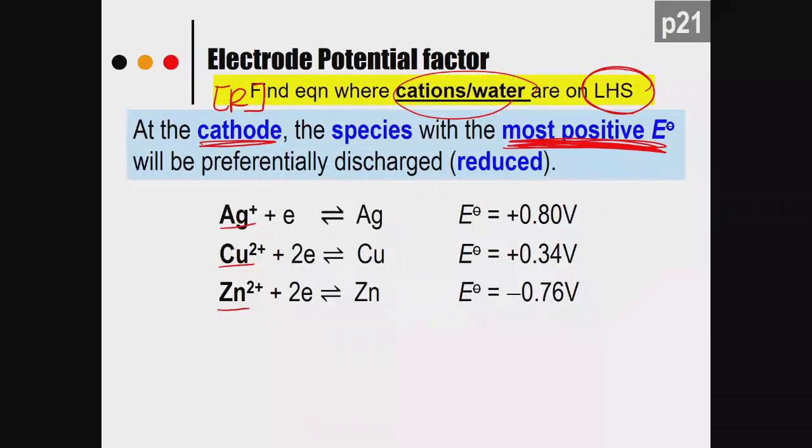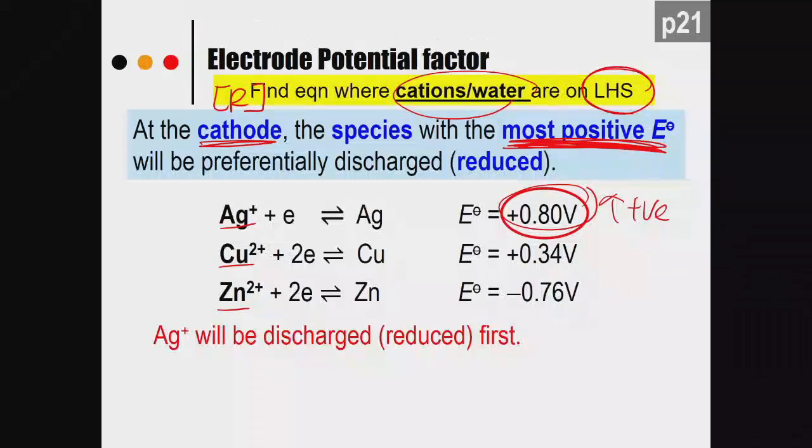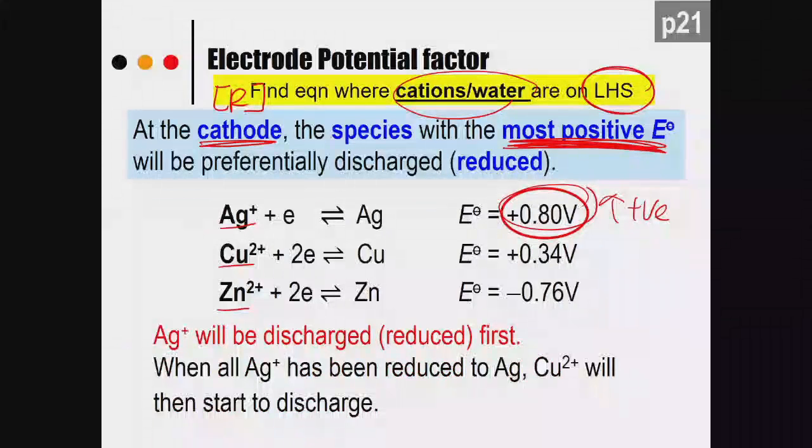I look at the E0 value. This is more positive, and therefore, Ag+ will be the one that is reduced first. Only after all your Ag+ is reduced, then the next positive one, which is copper(II), Cu2+, will start to be reduced. Okay, so this is how we decide. We compare the E0 value.